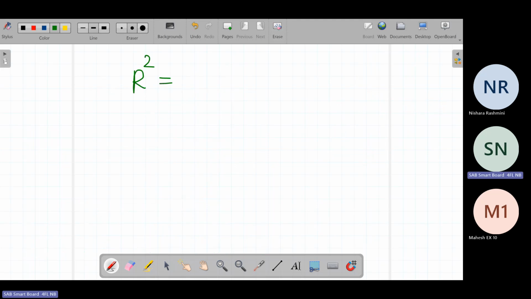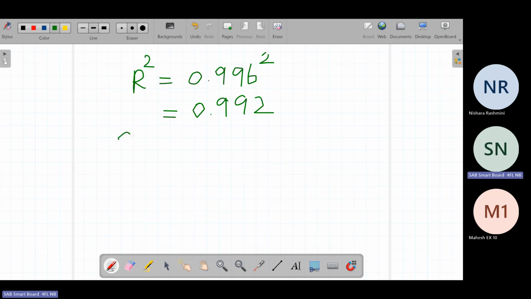It's equal to the square value of the simple R. 0.992 is the answer. Then here how do we explain it?